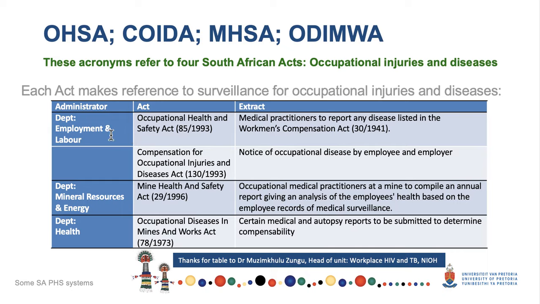They're covered by the Department of Labor, the Department of Mineral Resources and Energy, and the Department of Health. So this is very complex because we have 3 different ministries, 3 different departments that are involved, and 4 different acts. And they all have aspects of the act, as you can see if you read this table, that pertain to surveillance and the surveillance function.